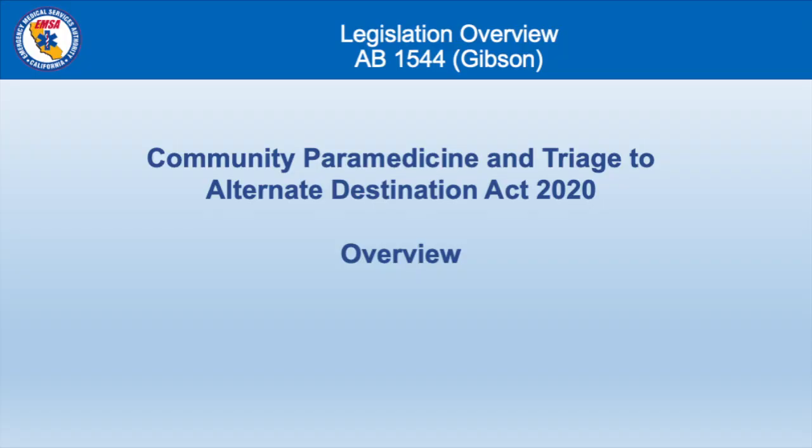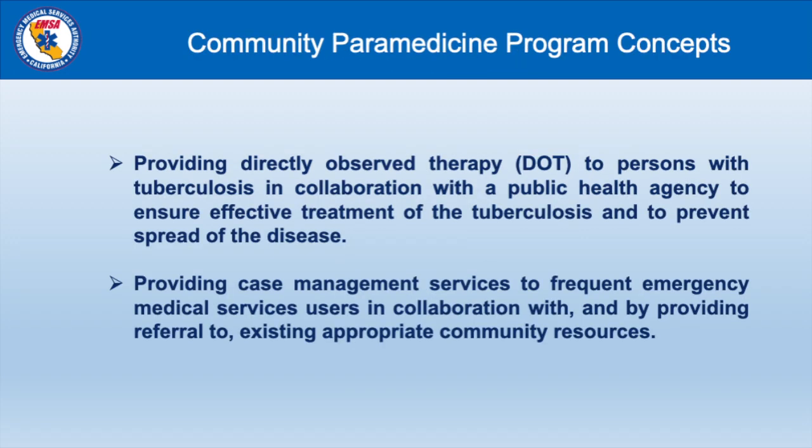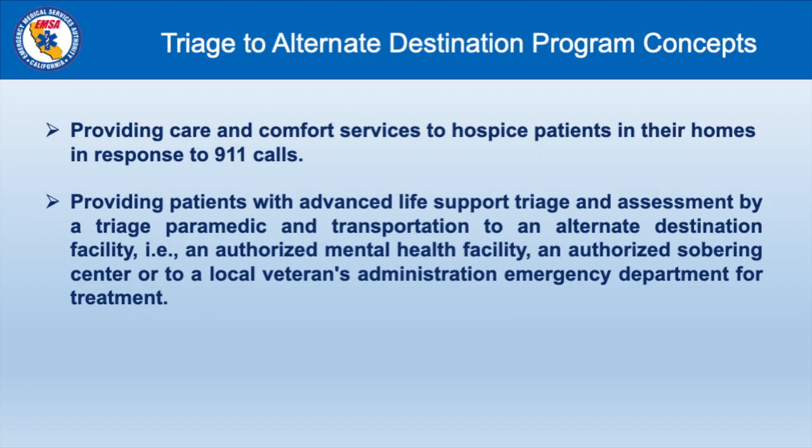So we were able to put into legislation the directly observed therapy programs, case management for frequent emergency medical services, and then the triaged alternate destination programs for both sobering centers and the mental health crisis centers. We did not have urgent care included in this particular piece of legislation.